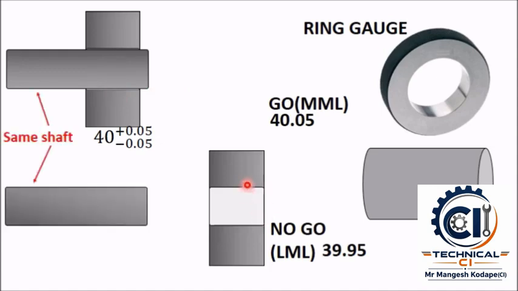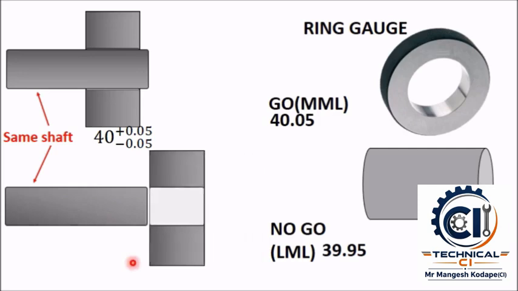In the second step, we try to put this no go gauge onto the shaft. I'm trying, but it is not going. So this shaft is acceptable. A shaft is acceptable only when the go gauge goes and the no go gauge does not go over the shaft.